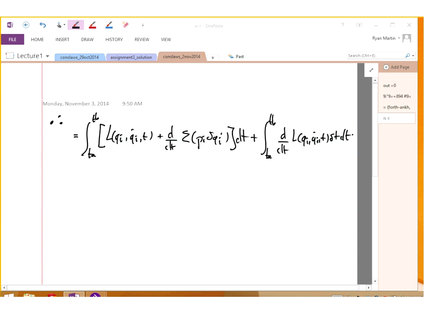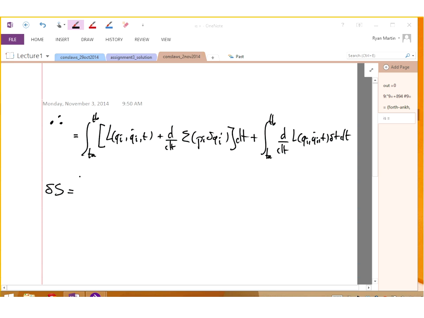So this allows us to now calculate delta S. So delta S is what we have above minus the unvaried action, which is evaluated at the normal L. So rewriting the term that I have above, I guess I'll rewrite the whole thing.